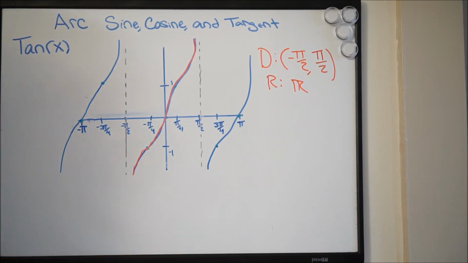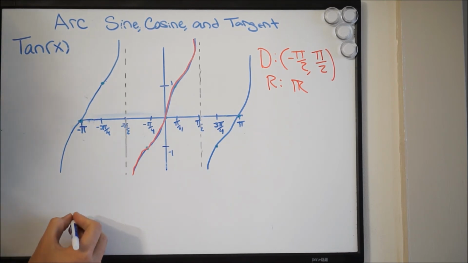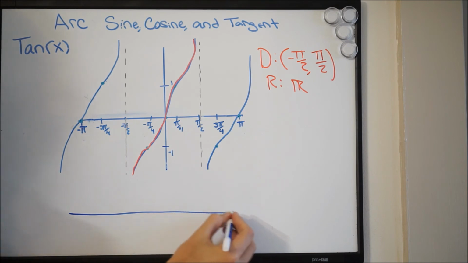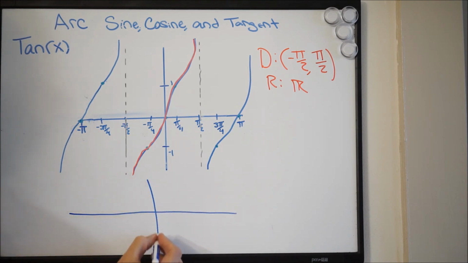Now, let's go ahead and make the inverse of this graph. So, starting below, we're going to have something like this. Now, we know that since we're taking the inverse here, the x becomes the y and the y becomes the x. So my angles are now on my y, and my values are now on my x.